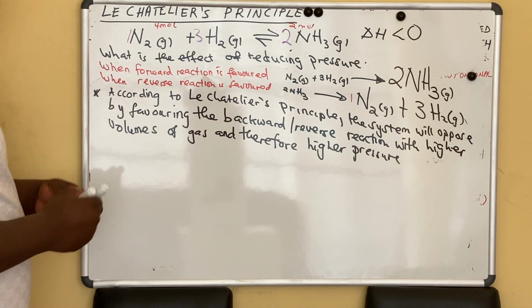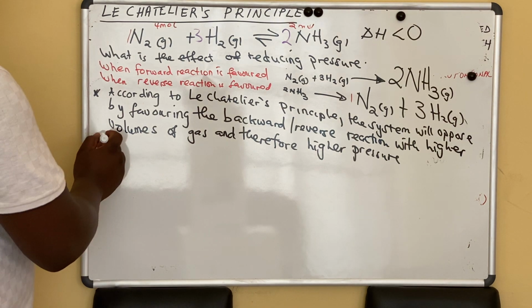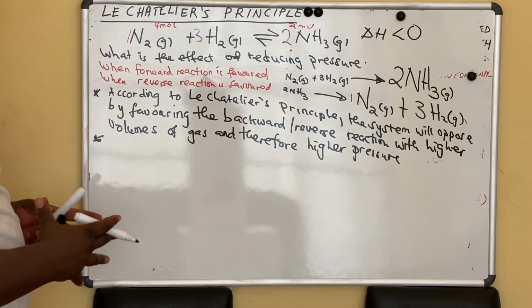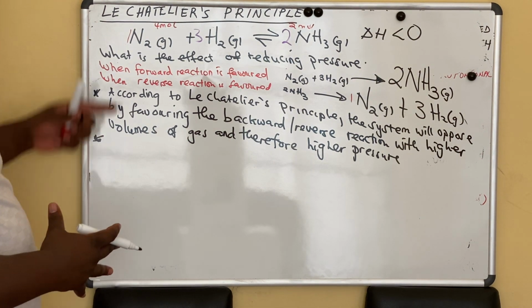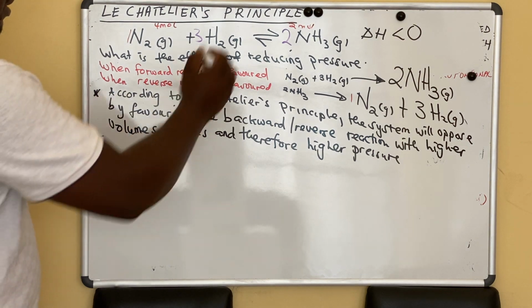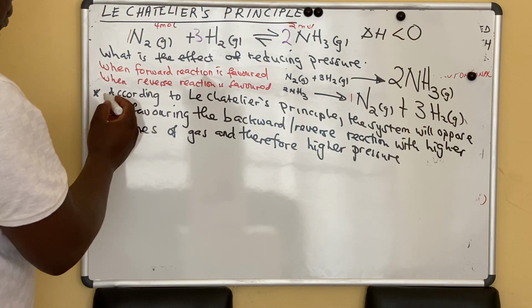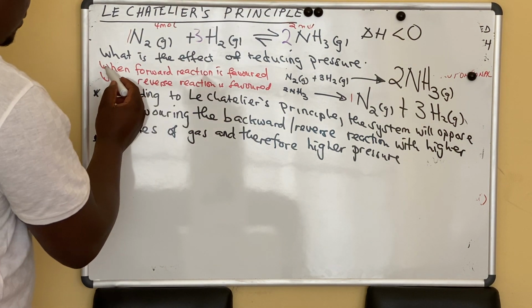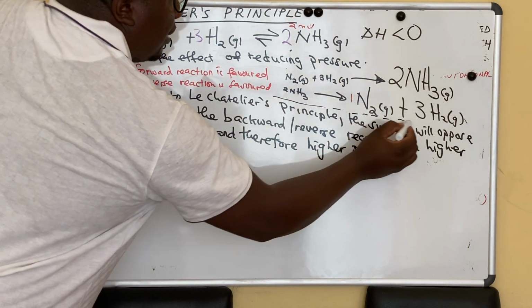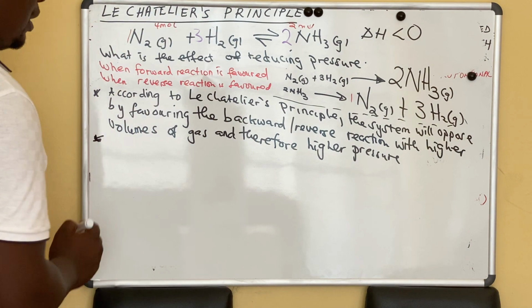To answer the question fully, we need to explain now to say, okay, so when I look at the concentrations in the system, if I analyze the system and I look at the concentrations, what is it that I'm going to discover? So you are going to discover that we are favoring the backward reaction or the reverse reaction. So this one is the one that is true in this situation. So what are we going to find out?